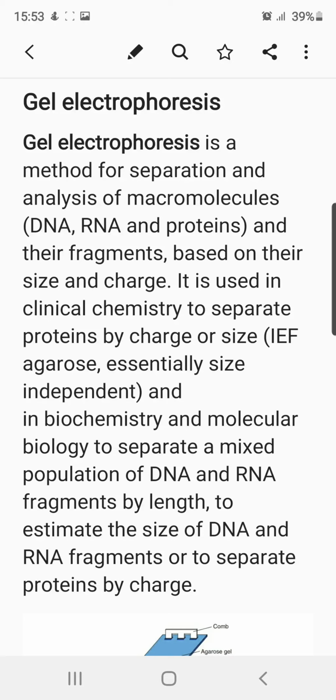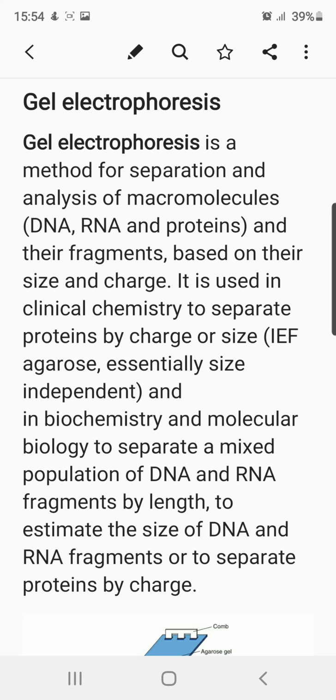Hello, dear students. In this section, we will discuss the separation and isolation of DNA fragments, which are the next step in biological processing and bioengineering with respect to biotechnological experiments.